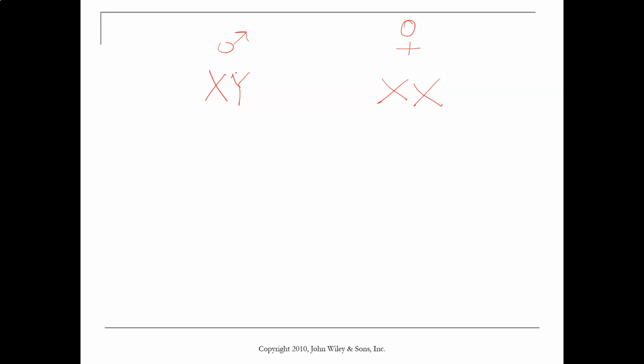So, in the embryo, I'm talking about very early on in development, like in the 8th or 9th week of development, there is up in the abdominal pelvic cavity some tissue called the indifferent gonad.